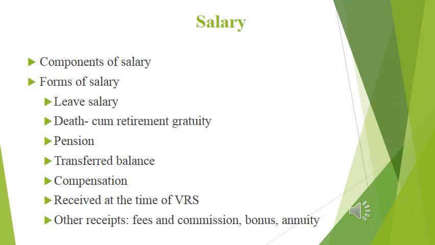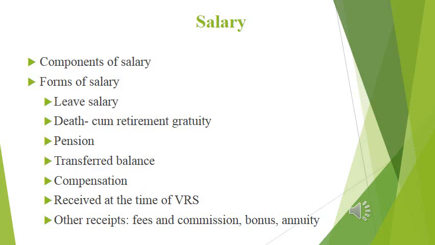As discussed in our previous slides, components of salary. We know there are different components, 9 or 8 components under salary. As we discussed in our previous lessons, wages, pension, gratuity, fees, commission, perquisites, advance salary, or any amount contributed to the PF or annual accretion, etc., are considered as components of salary.